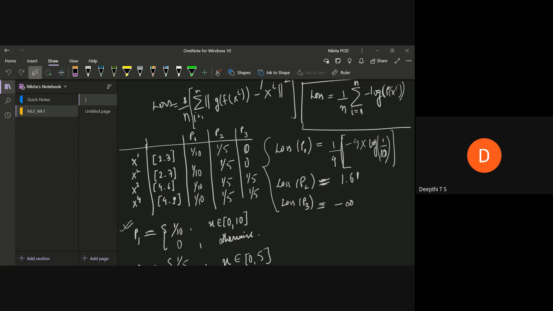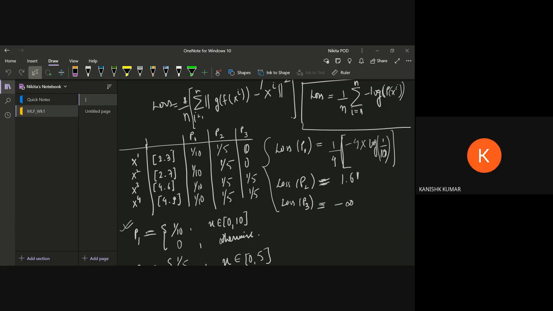If you look at an undefined quantity from the limit point of view, when you look at the graph of this log function, as x approaches 0, it approaches minus infinity. So only from there, we are saying that the loss is minus infinity.